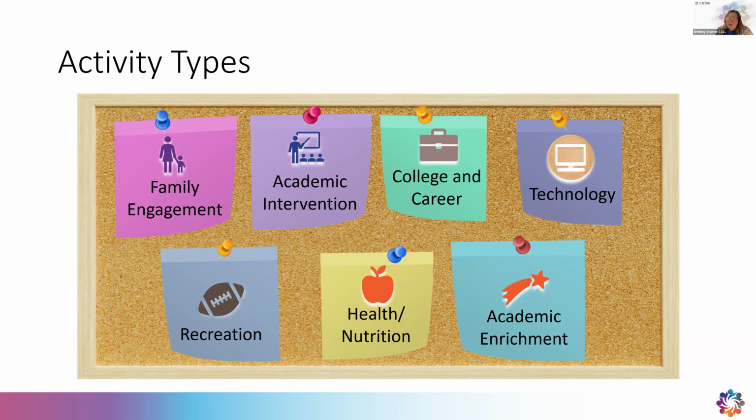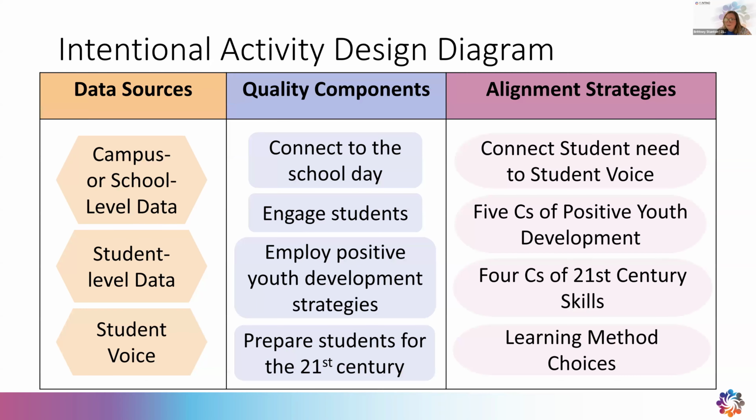So when we think about all of these components, right, it's a lot to think about. Research shows us that high quality out of school time programs include essentially 4 components. And those are that the program activities connect to the school day learning objectives and to the needs of our students, and that the program engages students and employs positive youth development.